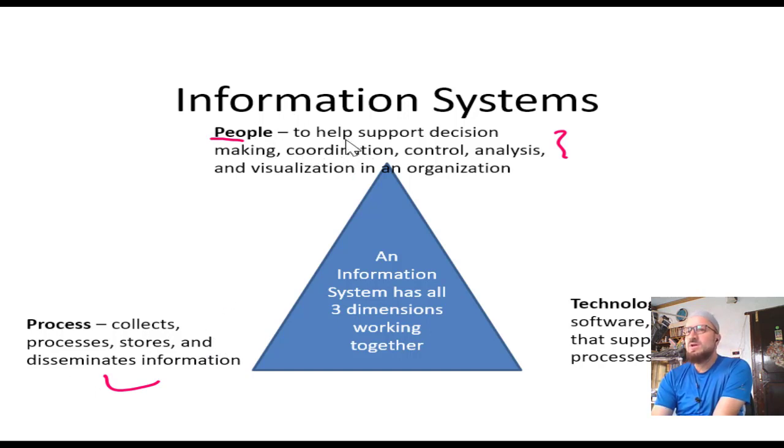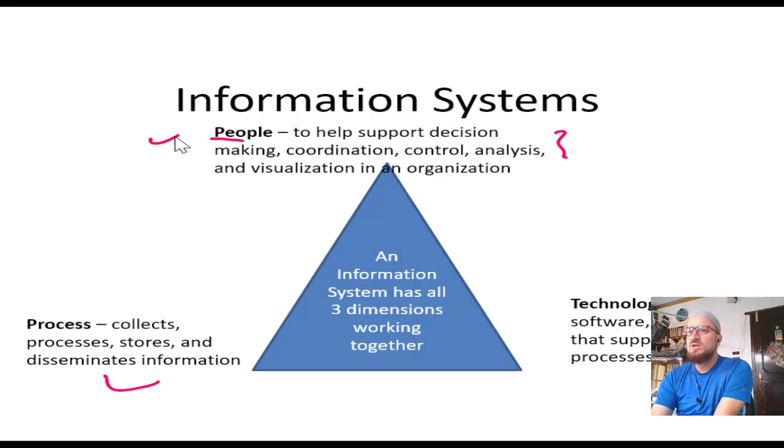Here, the people help support decision making, coordination between the components, analysis of the data, and a lot of things. And processing is to process the data to disseminate the information. And technologies like hardware, software, and network support the business process and people.